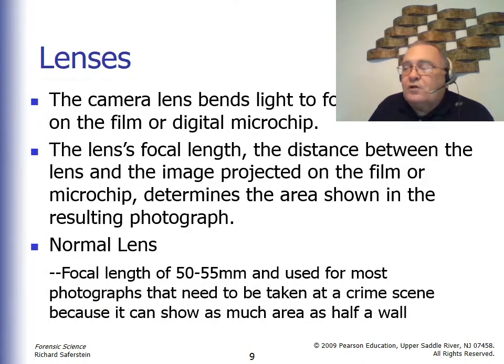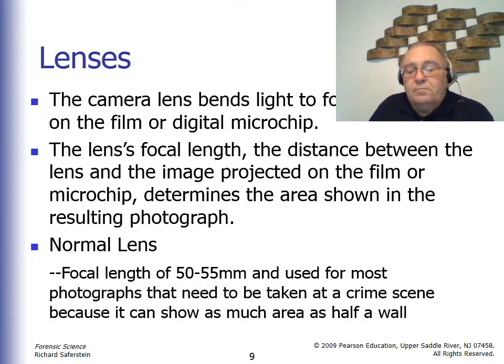And they come in various lengths, and some of them have zoom capabilities. That means they can zoom from like 55 millimeter out to 85 millimeter or 90 millimeter. It depends on the camera.